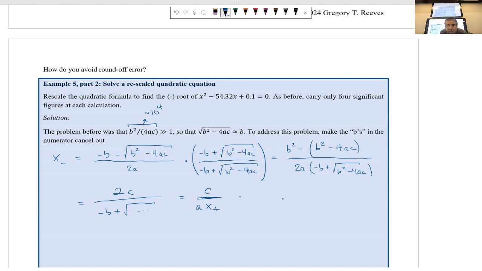And if you crunch out the numbers, that ends up giving you 0.001842, which is a relative error of 0.05%.